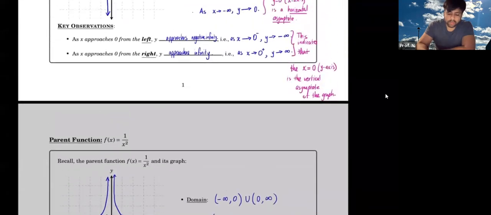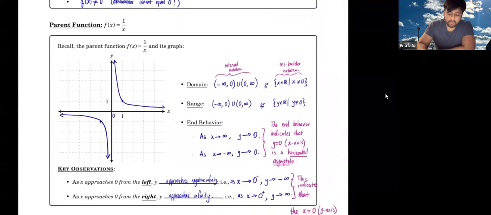And this is what we've been venturing into, this idea about how there's certain x values that we're approaching and how that affects the y values.